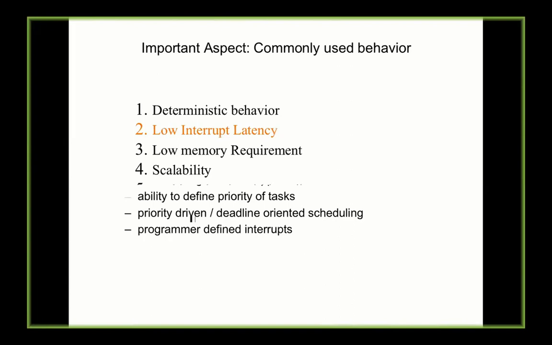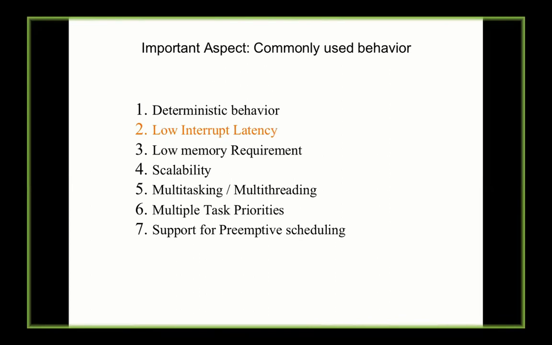That's how it makes a normal OS also an RTOS. And multitasking, multi-threading ability, multiple task priorities, support for preemptive scheduling is a part of most of the modern operating systems. So it's very common stuff. You must know them. For any OS, it will be applicable. But when you talk about real-time OSs, the first 4 really stand out.